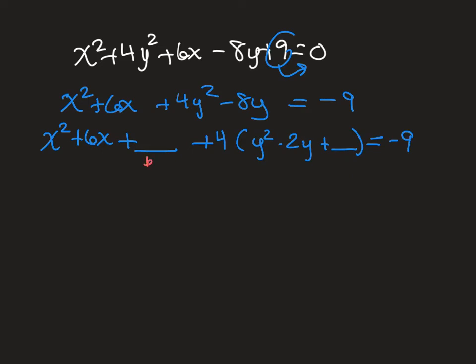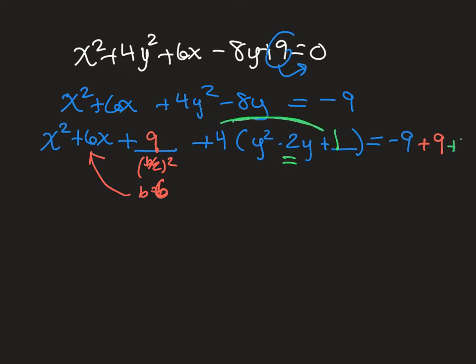So this is (b over 2) squared, and my b in this case is my 6. So 6 divided by 2 is 3. 3 squared is 9. Then over here, you write plus 9. And then this is my b, it's negative 2. Negative 2 divided by 2 is negative 1. Squared is 1. Be careful, they have to balance.